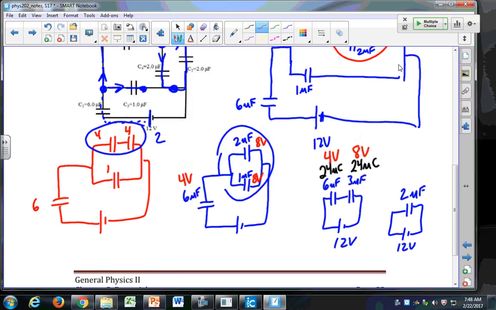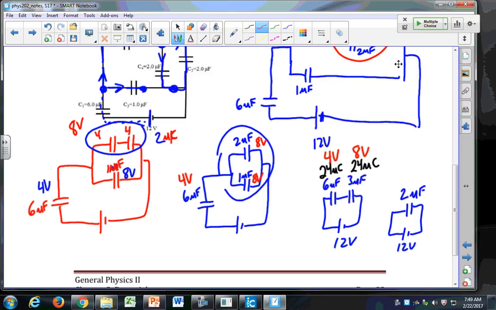Can carry that over here. I got 8 volts, 4 volts. This is microfarads, sorry, not microcoulombs. Eight volts, 8 volts. I have 8 volts across this 2 microfarad equivalent.